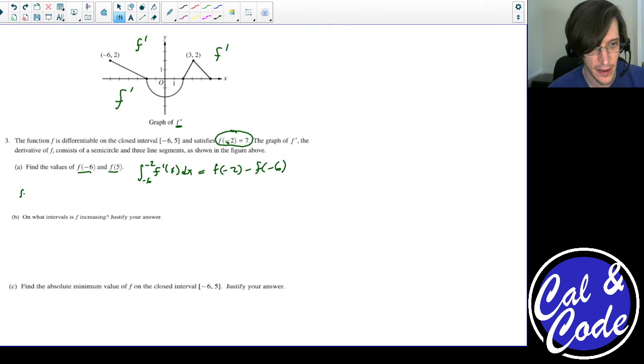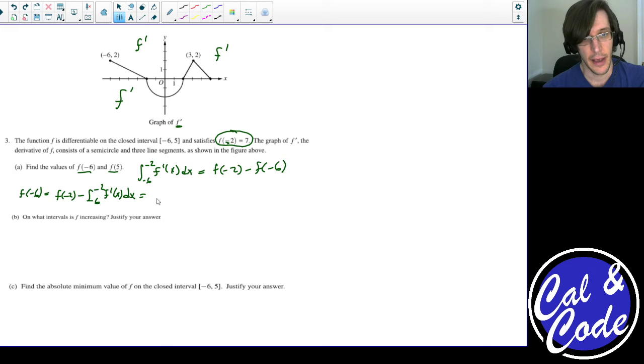This is going to say that f of -6 is equal to f of -2, which we know, minus the integral from -6 to -2 of f prime. And f of -2 is 7. So we have 7 minus our integral. From -6 to -2, we have a triangle here.